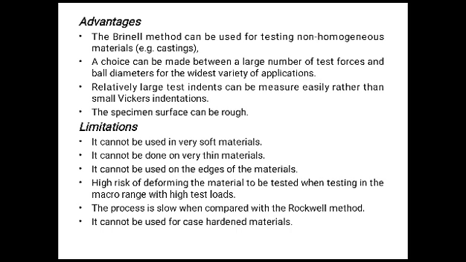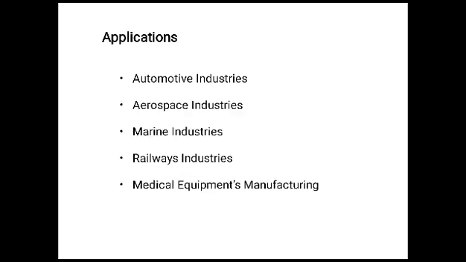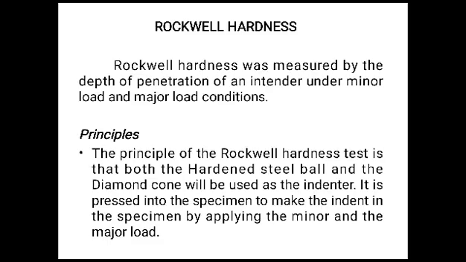The limitations are: it cannot be used on very soft materials, very thin materials, or on the edge of the materials, and there is a high risk of deforming the material to be tested. When testing in the macro range with high test loads, the process is slow compared with the Rockwell method. It cannot be used for case hardened materials. It is used in automotive, aerospace, marine, and railway industries, and medical equipment manufacturing.